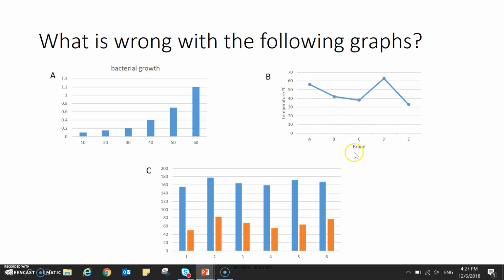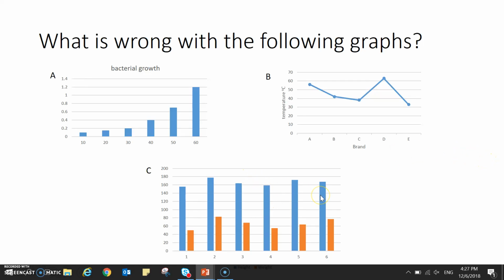You are looking at different brands of cooking oil. Therefore, a bar graph should be used instead. Once again, the figure number and the caption are missing. The caption could simply be cooking temperature of different brands of oil at its smoking point.